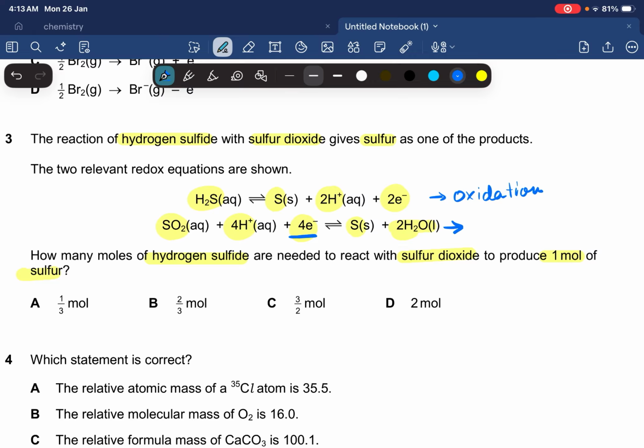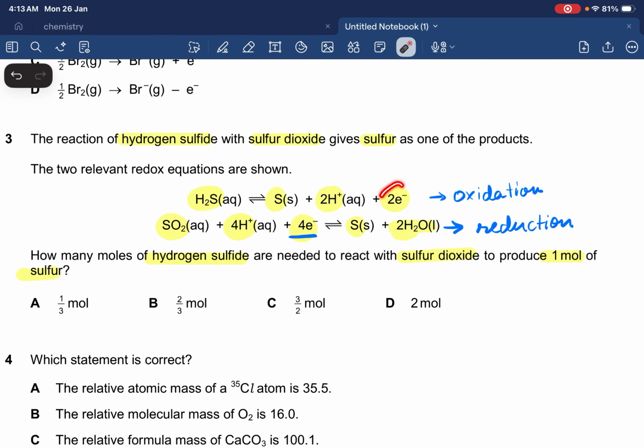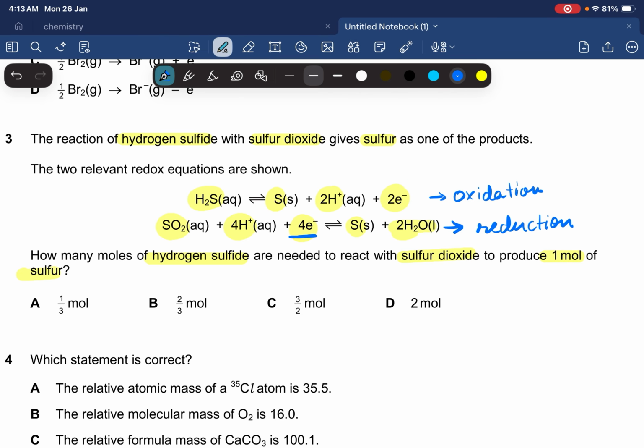Four electrons are being gained. So this shows the reduction. Now, what do we have to do? We got to make sure that the loss of electrons and the gain of electrons are always equal. So we know over here 4 electrons are being gained. So 4 have to be lost as well.